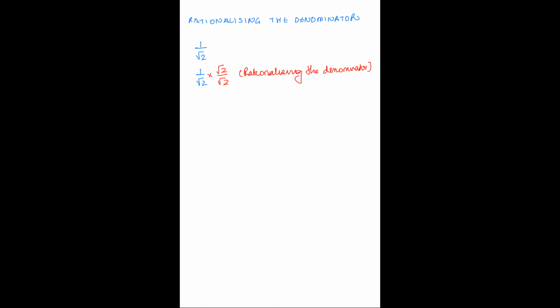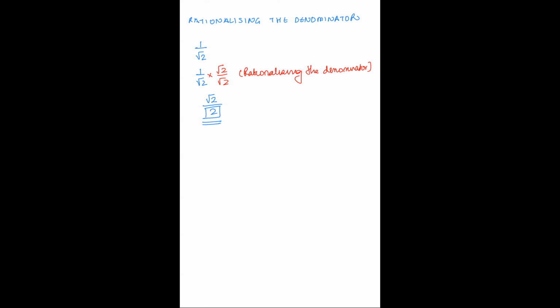Let us now multiply. The numerator gets multiplied by the numerator: 1 multiplied by root 2 is root 2. And root 2 multiplied by root 2 is 2. Now we have a rational denominator. So we have rationalized the denominator.